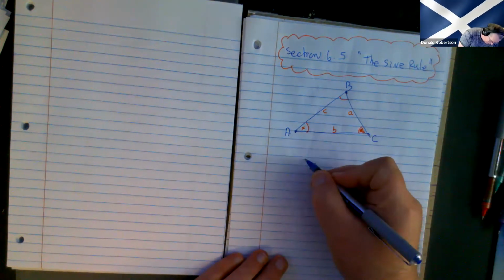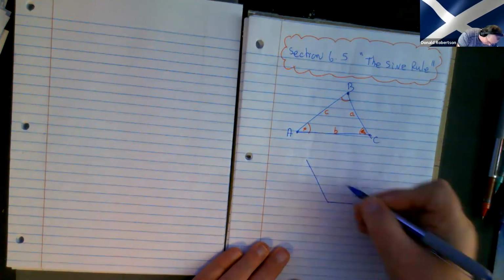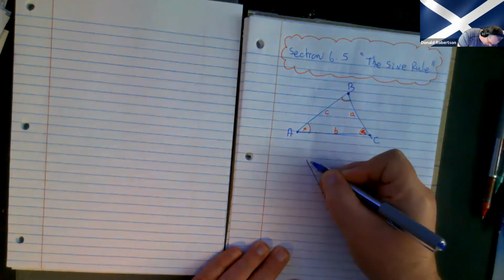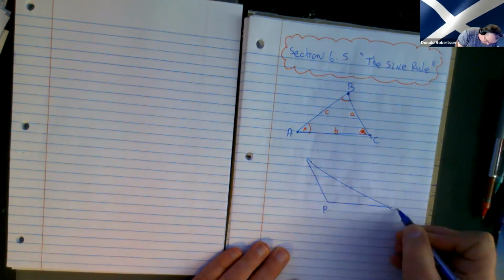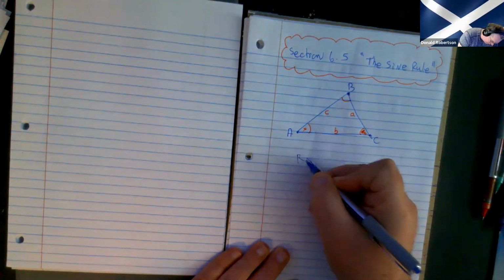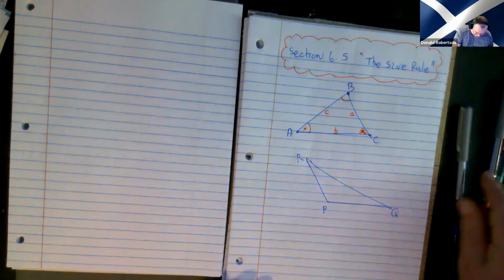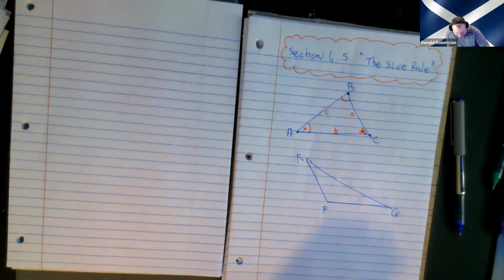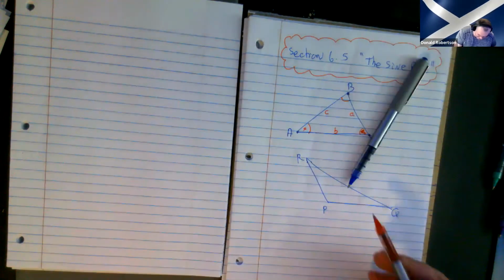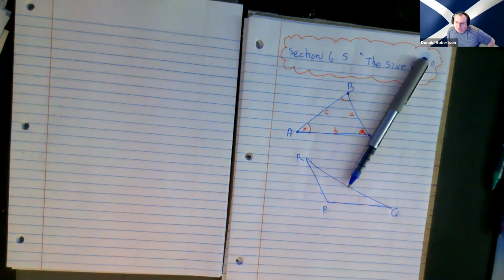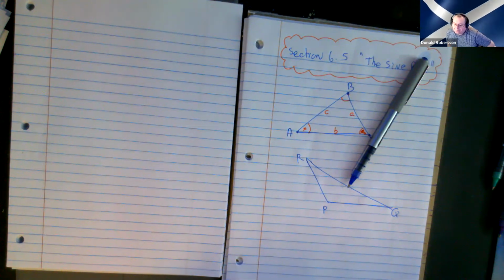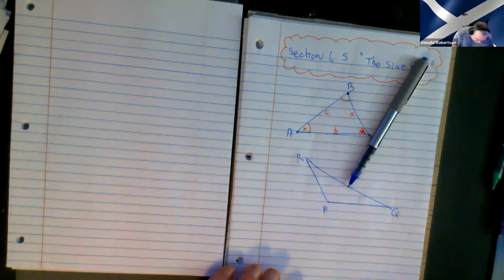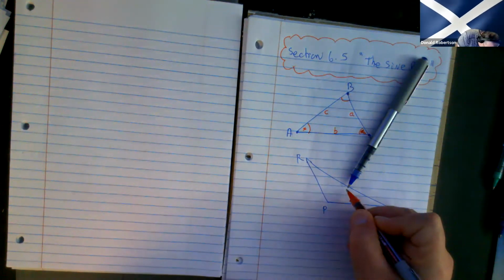So imagine I have this triangle. My triangle happens to be called PQR this time, because very often they have different letters. What name do we give to this side here that my pen is pointing at? Little p. Correct.